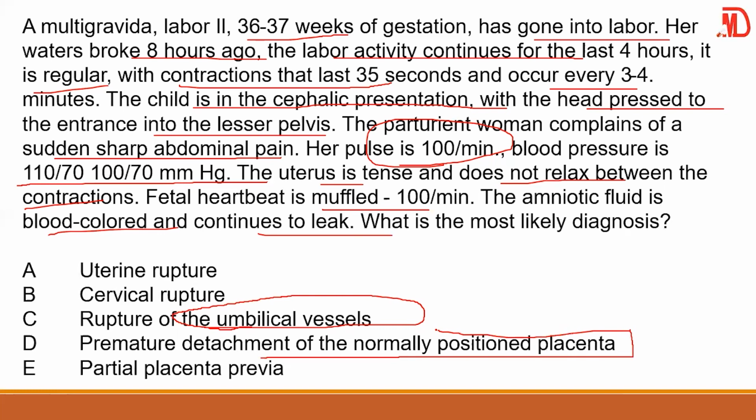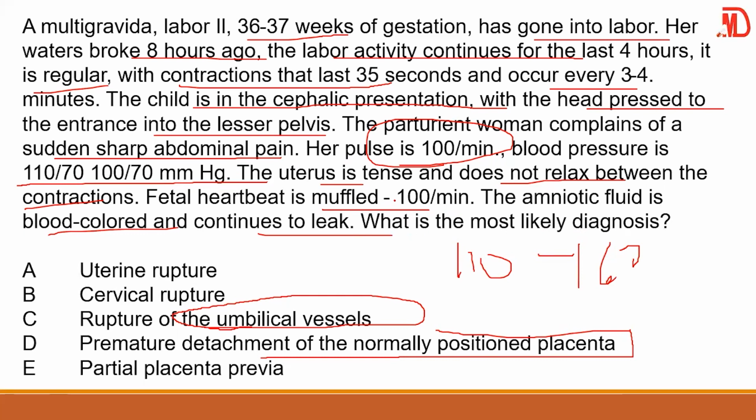Or the baby could be in distress, which may be why they chose premature detachment. Because over here is 100, and I think it's supposed to be around 110 to 160.